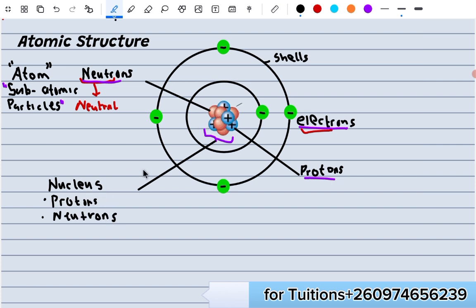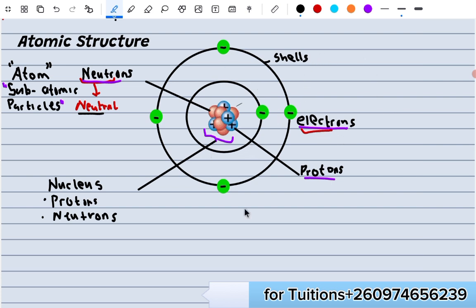The protons, as you can see, have a positive charge, but the neutrons don't have any charge. In other words, the neutrons are neutral. That is why they are called neutrons, because they are neutral, having no charge. Electrons are charged, and electrons are found within the shell.